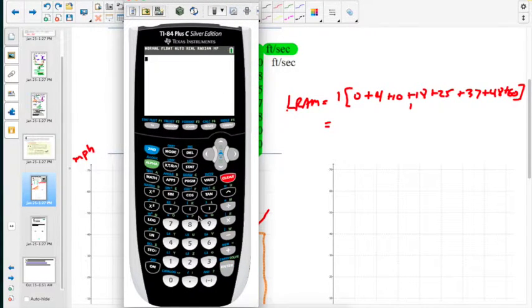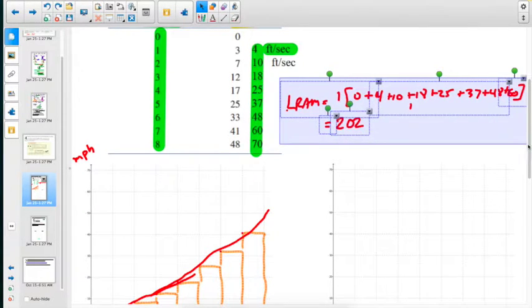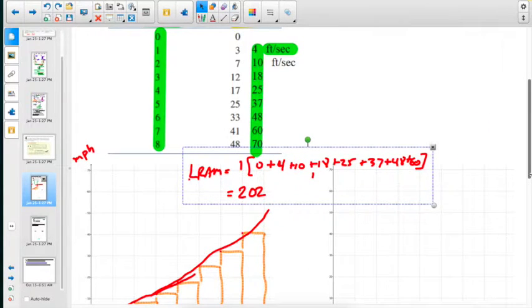So we're going to put 1 times the quantity 0 plus 4 plus 10 plus 18 plus 25 plus 37 plus 48 plus 60. We get a right RAM of 202. So that is our, did I say right RAM, I meant left RAM. We get a left RAM of 202.